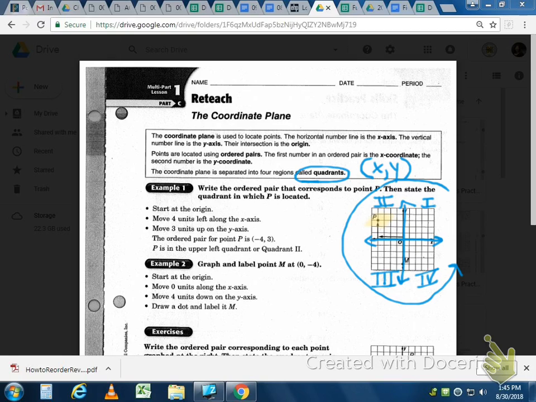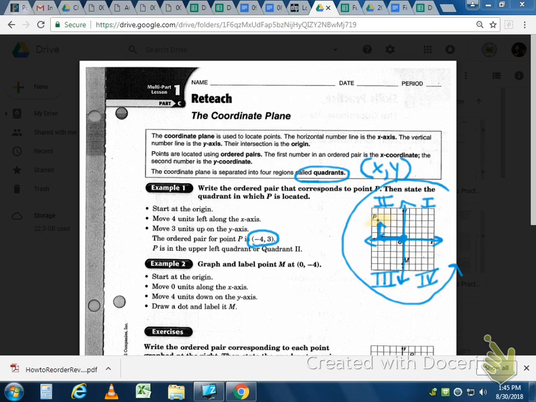You always start out at the origin, and from the origin right here, it shows that you move left 4 spaces, and then you move up 3 spaces to get to point P. So because we moved left, that is the negative value, and it would be -4, 3.